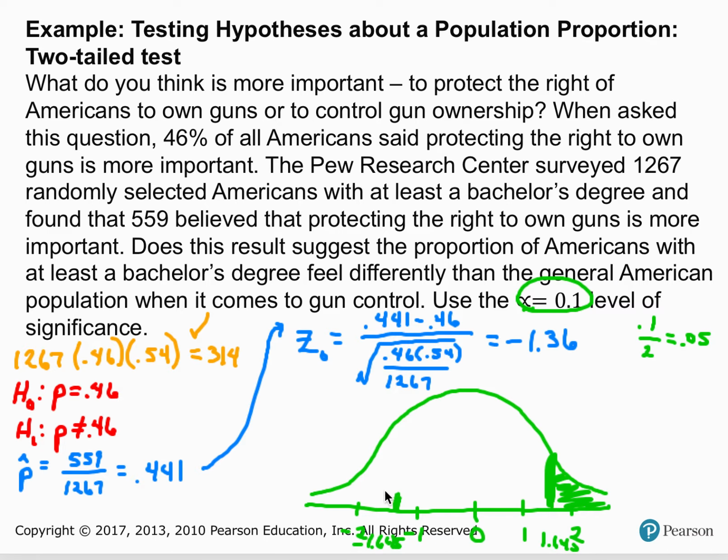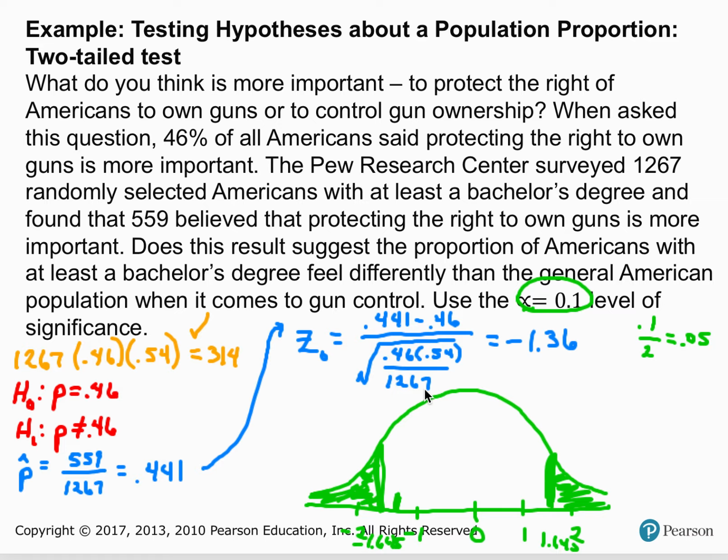Anything in here or anything in here, we would reject the null hypothesis. But we're negative 1.36, right? So this time there is not sufficient evidence at the alpha equals 0.1 level of significance to conclude that Americans with at least a bachelor's degree feel differently than the general American population when it comes to gun control.